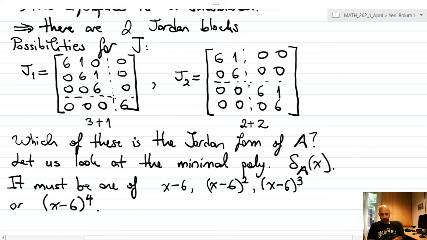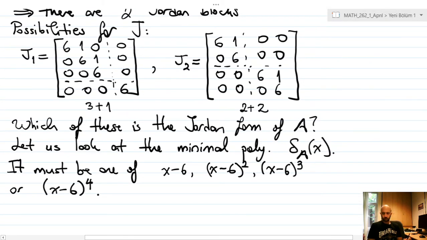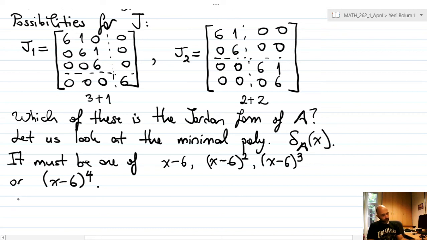This is just because it must divide the characteristic polynomial. Now let us check these one by one. First of all, A minus 6i is obviously not 0, so delta A of x is not x minus 6.